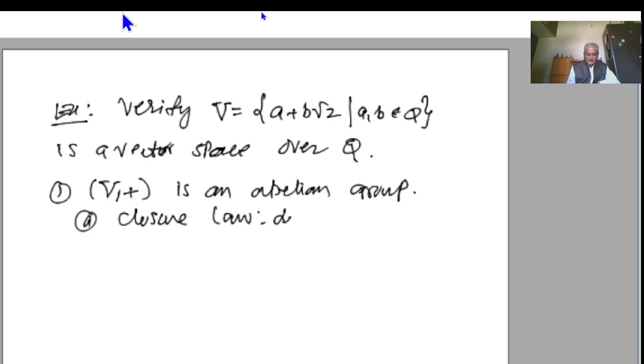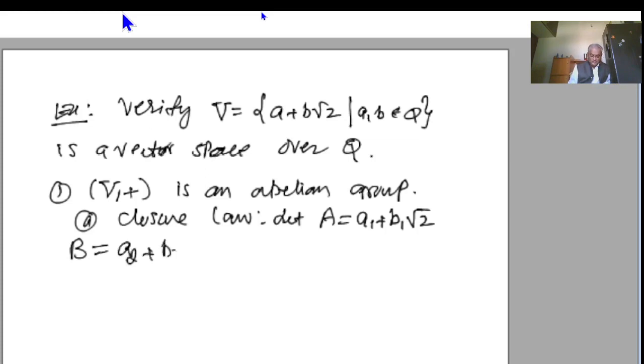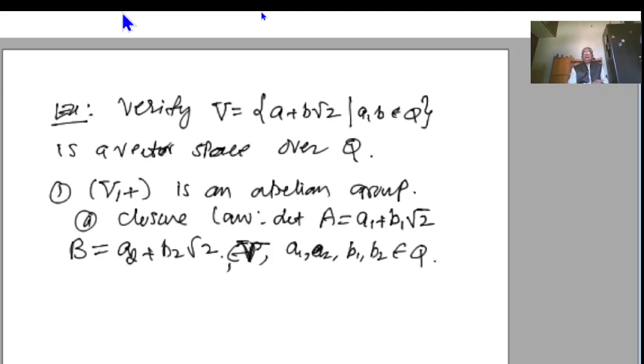Let alpha equal to a1 + b1 root 2, or we can consider x, y, anything here, and beta equal to a2 + b2 root 2 belong to V, and this gives a1, a2, b1, b2 must be rational numbers. They belong to Q.